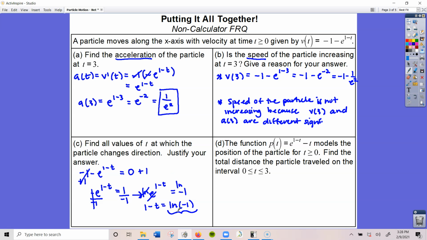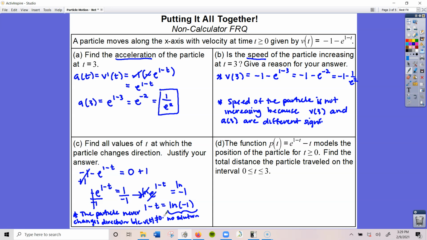So this means that there is no solution. So what we can say here actually to justify our answer is the particle never changes direction because v of t does not equal 0.